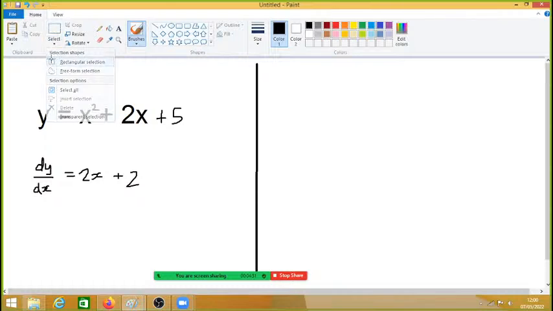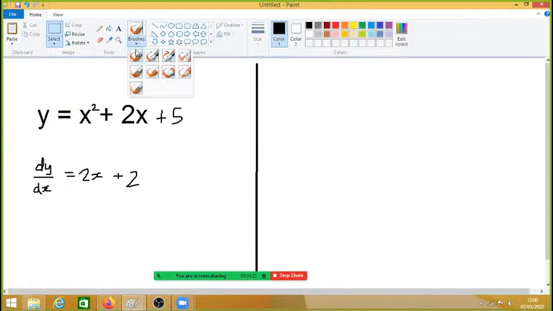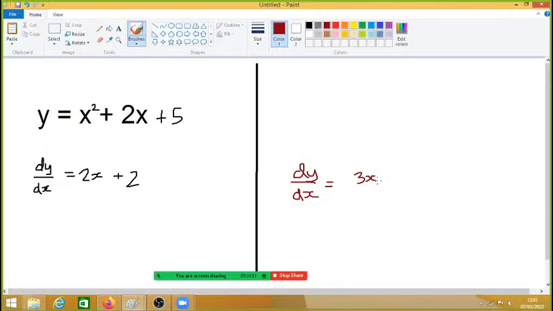Well, if you practiced that and you found that was really easy, then your teacher or the textbook might have asked you to do the opposite thing, which is say, if we give you the differentiated version, let's say if we say that dy by dx works out to be 3x minus 5, then can you work backwards and figure out what the original equation was?